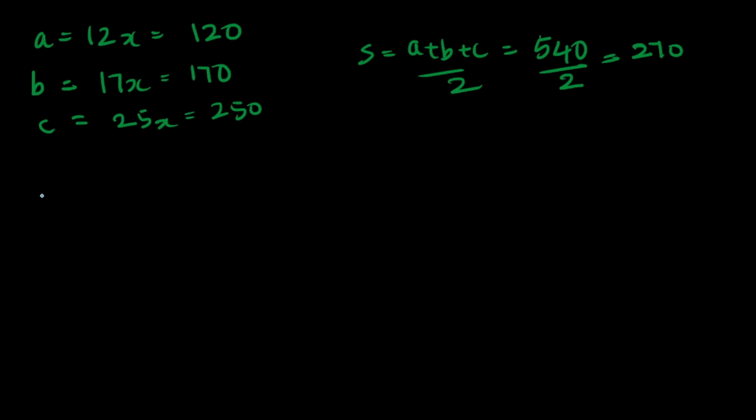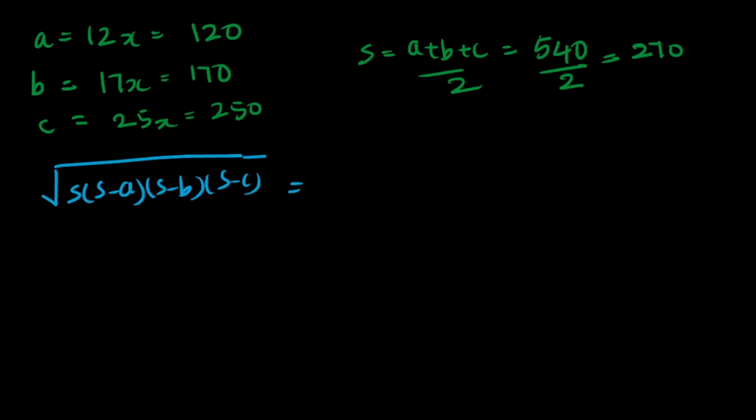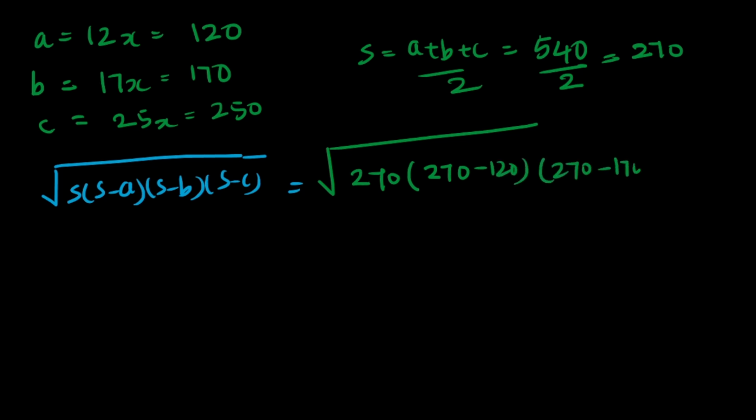So let us write Heron's formula, that is root of s into s minus a into s minus b into s minus c, right? I will substitute the values. In the place of s, we'll write 270 into 270 minus 120 into 270 minus 170 into 270 minus 250.